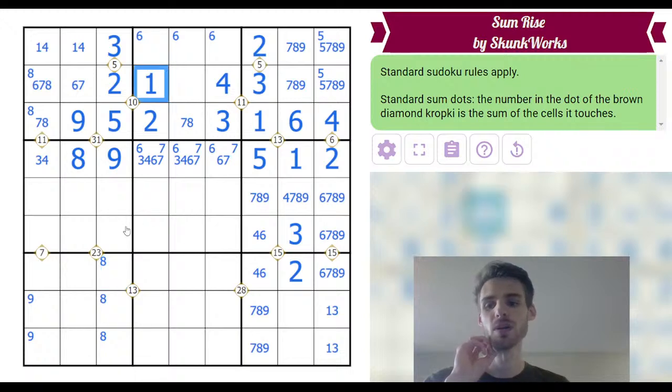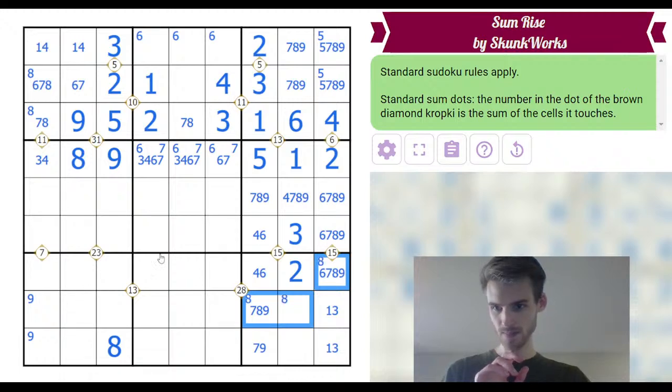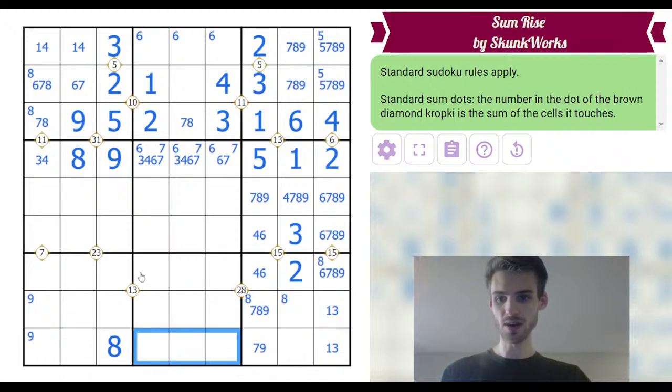Oh, there's a 1 up here, so that's never going to work. So there's no 8 there. That has to be an 8, which means that 8 is in 3 cells here. 8 also can't be on there, so 8 is in here.